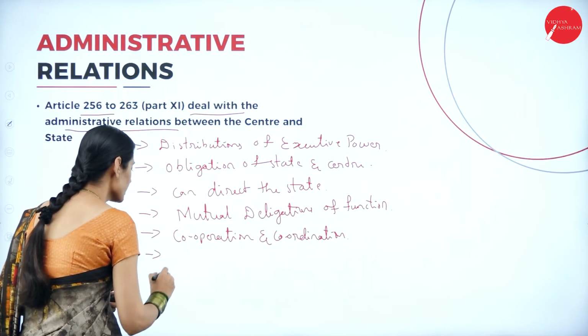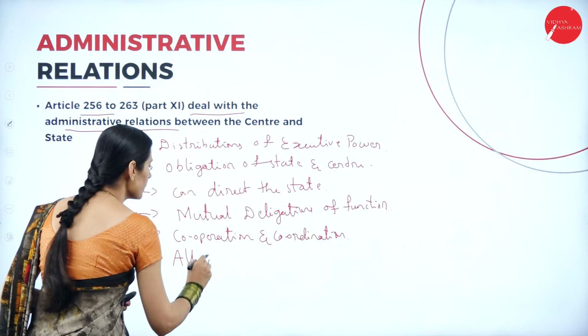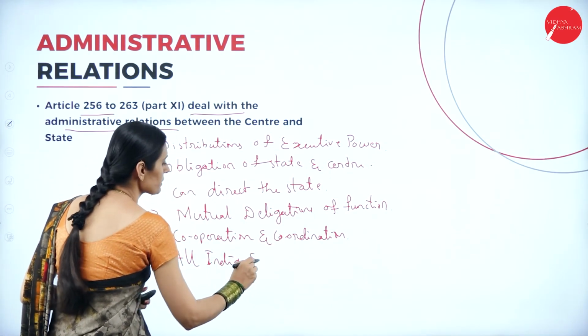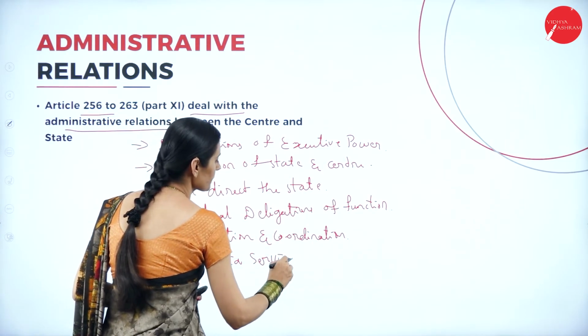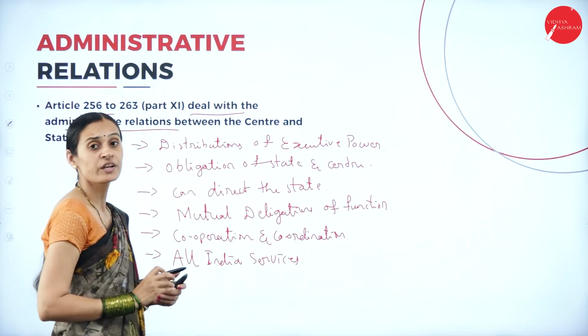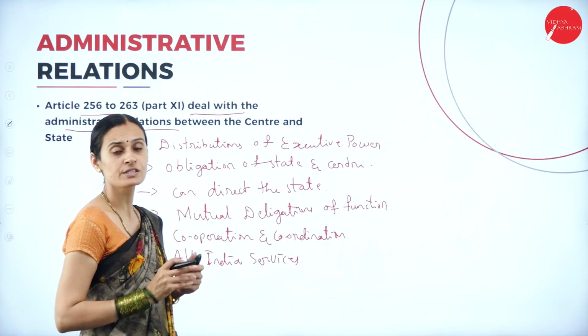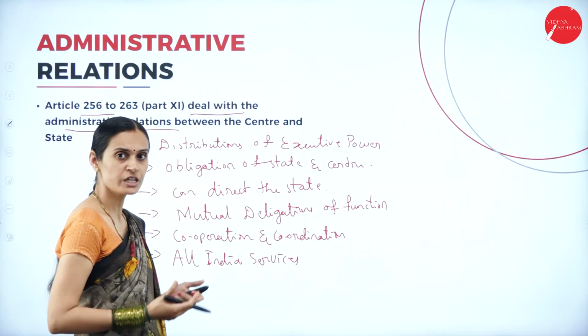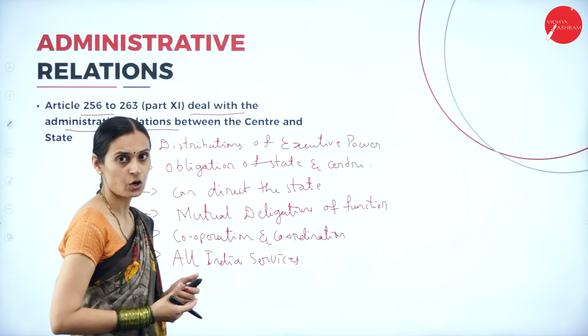And the next one, All India Services, for providing training to the different officers like IAS officers and IFS officers. So these are the different trainings given by the central government.